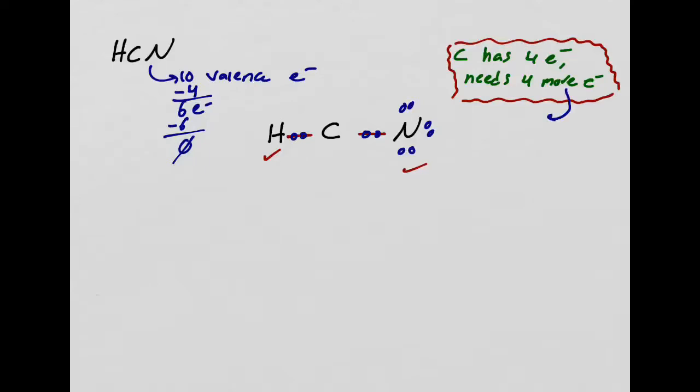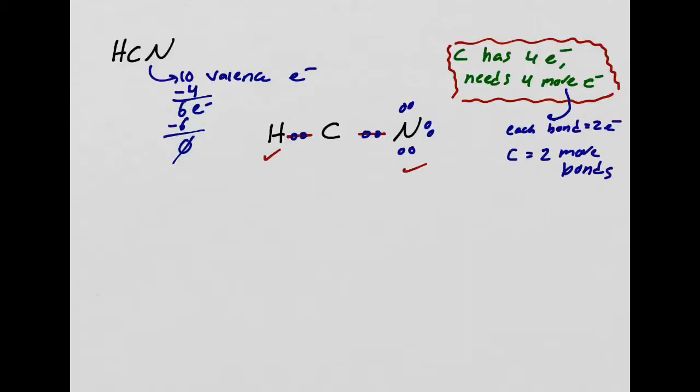Because remember, each bond has 2 electrons. So carbon needs 4 more electrons, each bond is 2 electrons, so how many bonds does carbon need?